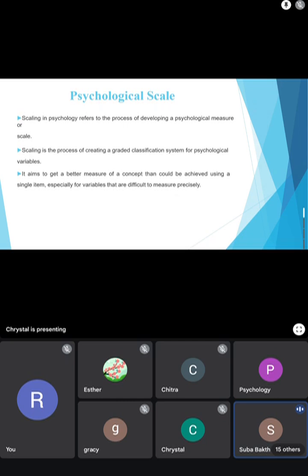Scales are the different ways in which we can measure. Based on quantitative and qualitative things, you are going to measure it. There are different types of scales available: nominal, ordinal, interval, and ratio.